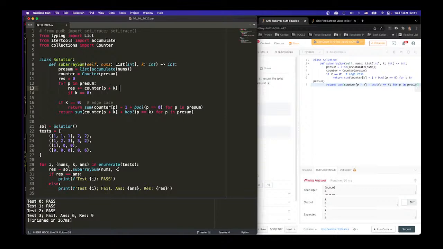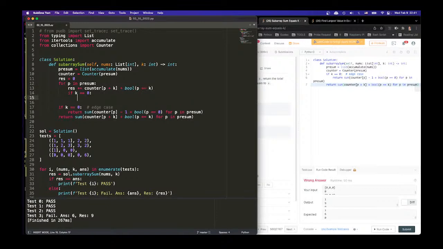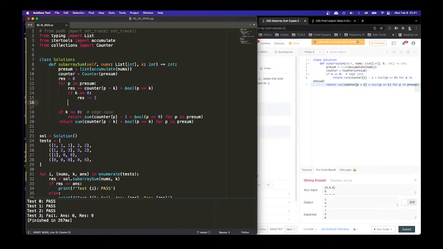Plus boolean p equal to k, right? We can do this for sure, and if k is equal to 0, then rest minus equal 1, because I do not want to count myself. And after I'm done, like after p is done, then we just say counter of p minus equal 1. Right? This is to avoid double counting.